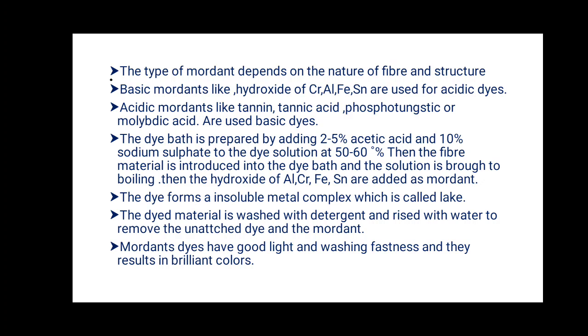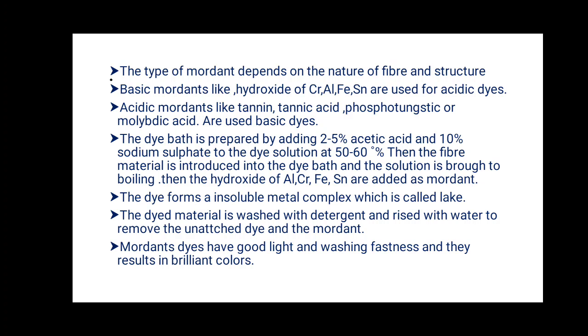How is the modern dye bath prepared? When the modern dye bath is prepared, there is 2 to 5% acetic acid, then 10% of sodium sulfate added to the dye solution at 50 to 60 degrees.